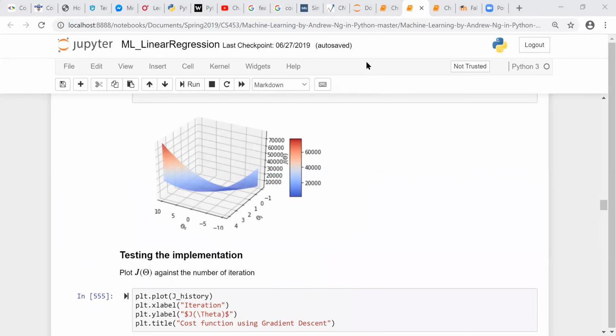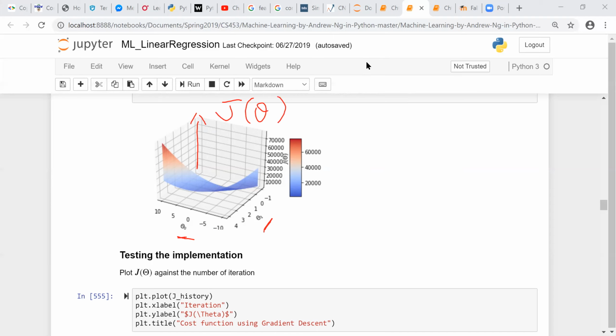So this is 3D. Is it 3D? Why? Because you have theta 0 and theta 1, and the third dimension here is regarding our cost function. Okay, cost function. I'm not too good at drawing, so it looks like a bowl, like a dinner bowl.